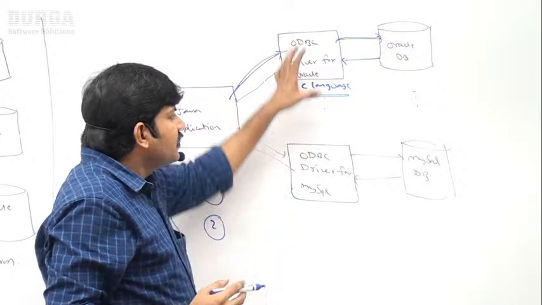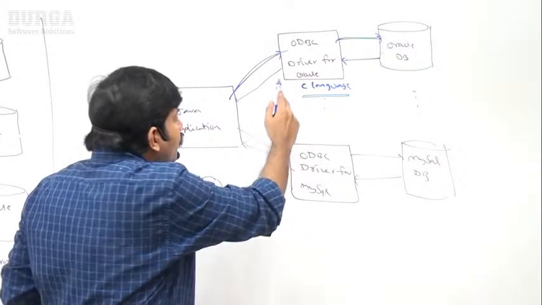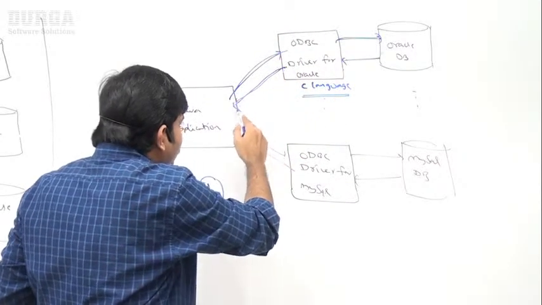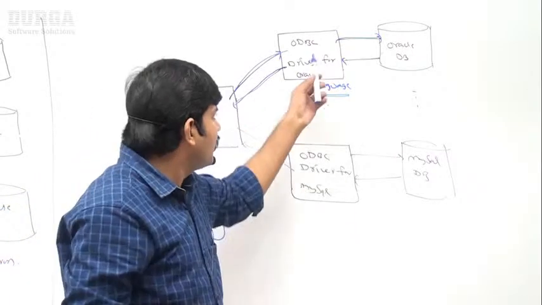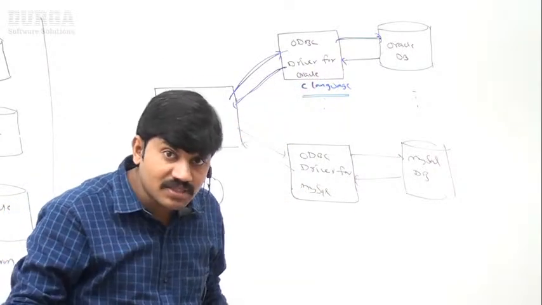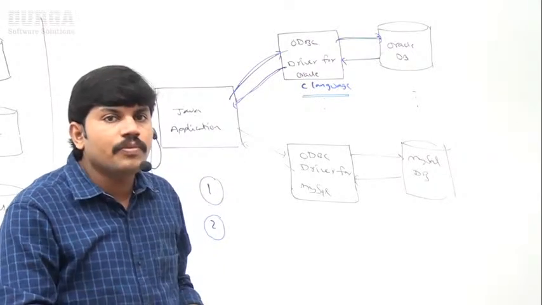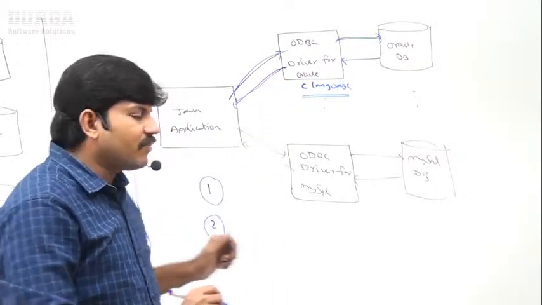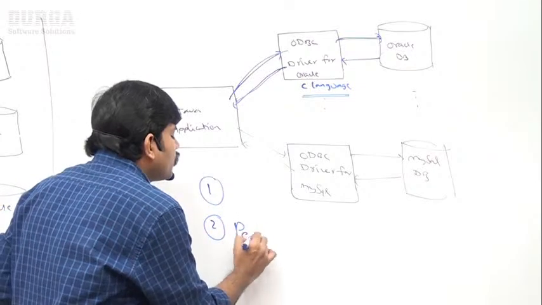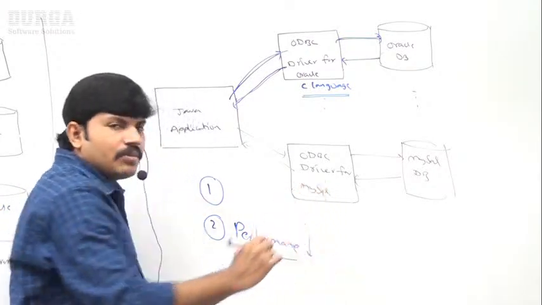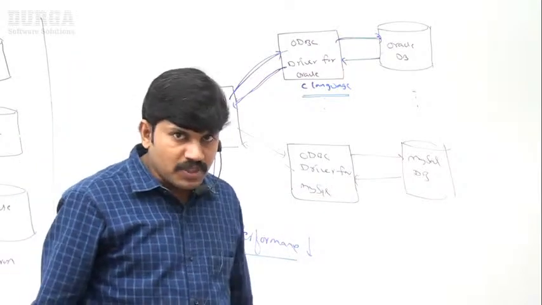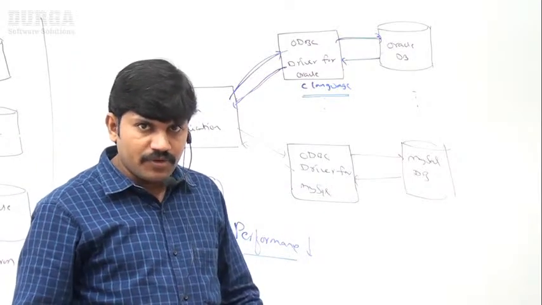Then the C language calls are converted back into Java calls. So internal conversions from Java to C to Java are required, and because of these conversions performance can go down, and performance problems may come.